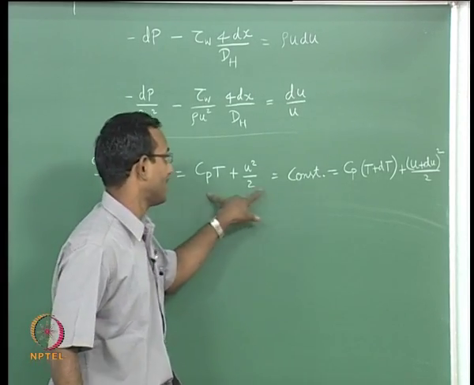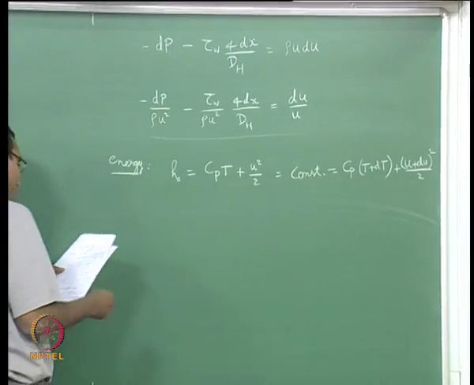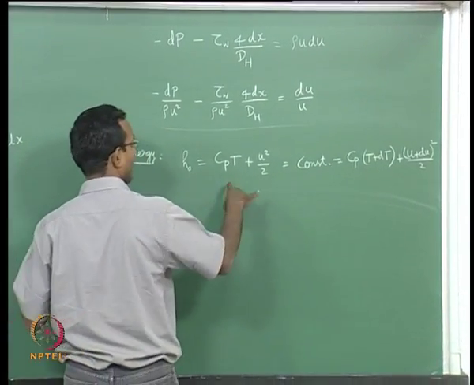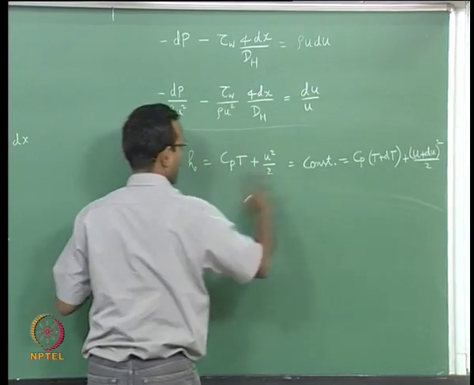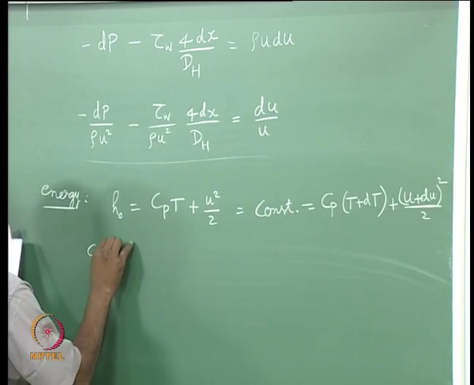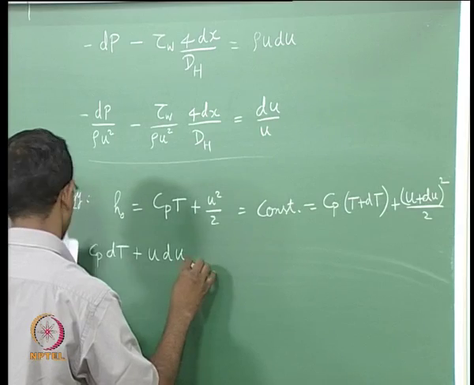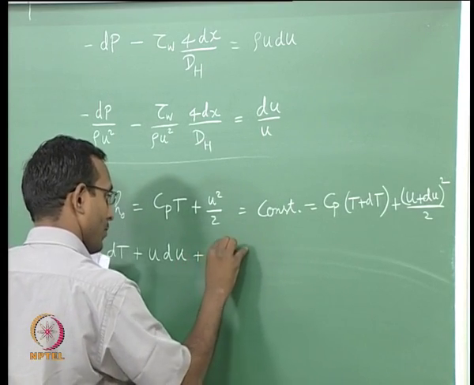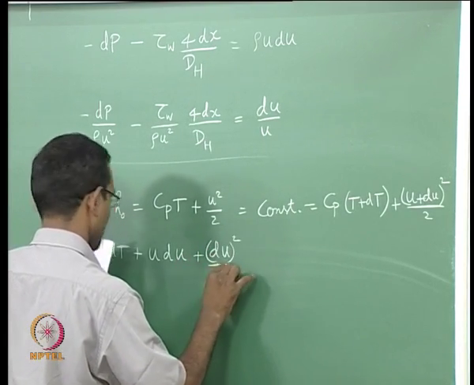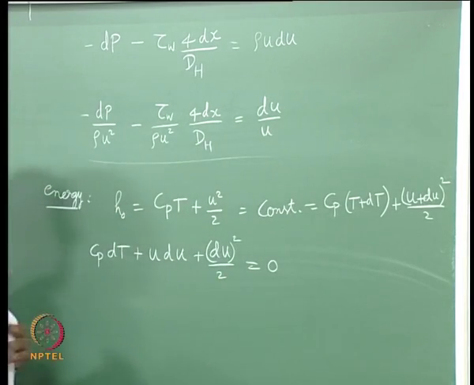From this part and the last part, I can get some relation for dT by T. So, we will start taking this and the last part and comparing the terms. We will see what is remaining. What is remaining will be Cp dT plus u du plus (du) whole square by 2. These are the only terms that are remaining, so this will be equal to 0. This is what I have.